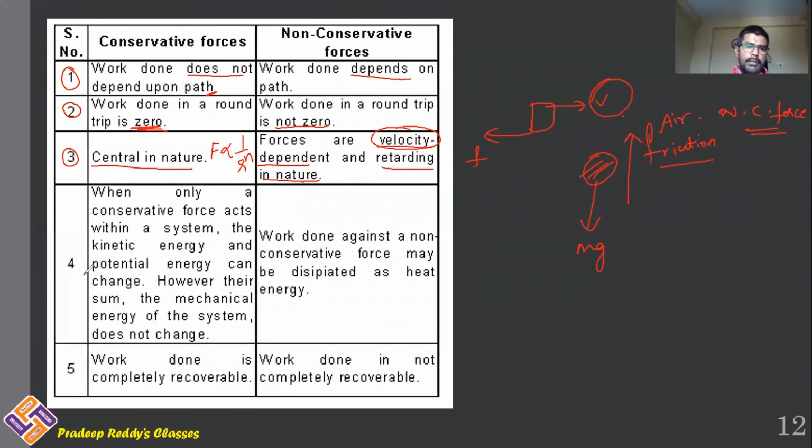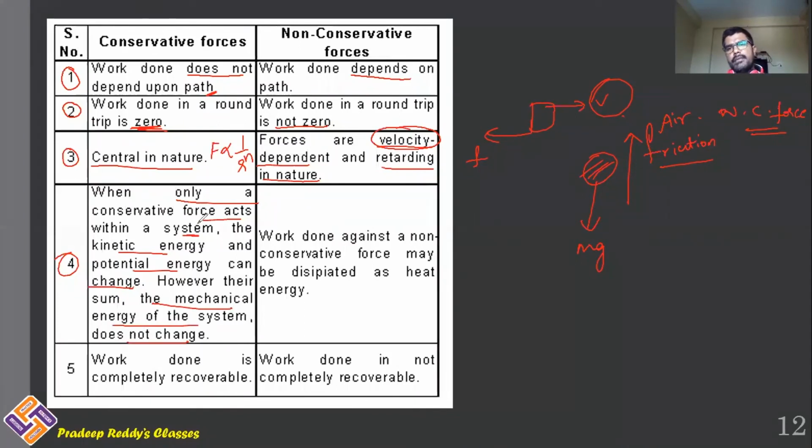And coming to point number 4. When only a conservative force acts within the system, kinetic energy and potential energy can change individually, but their sum, that is total mechanical energy, does not change.